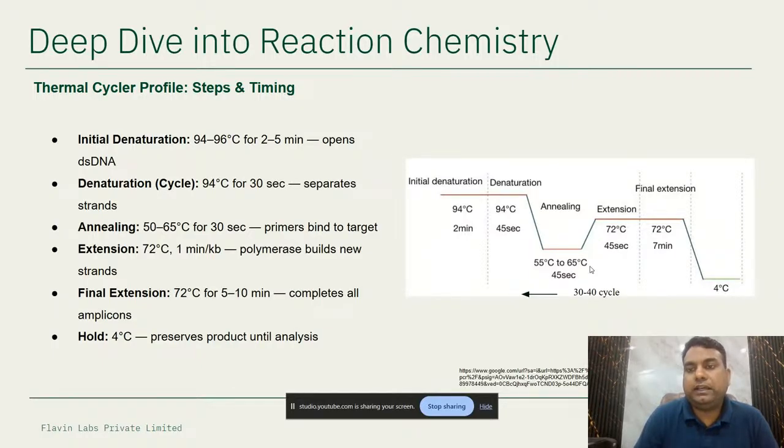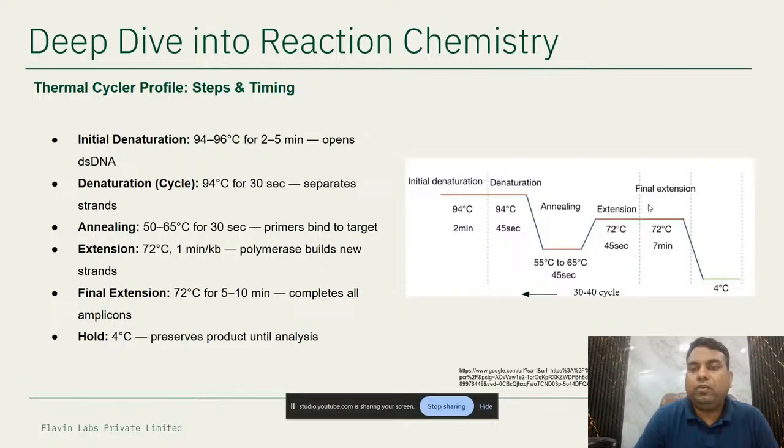Sorry, not annealing, at the extension step. Your polymerase attaches somewhere in between after annealing and the start of extension. And in extension, your polymerase will start adding dNTPs at their respective places, and your DNA gets replicated.